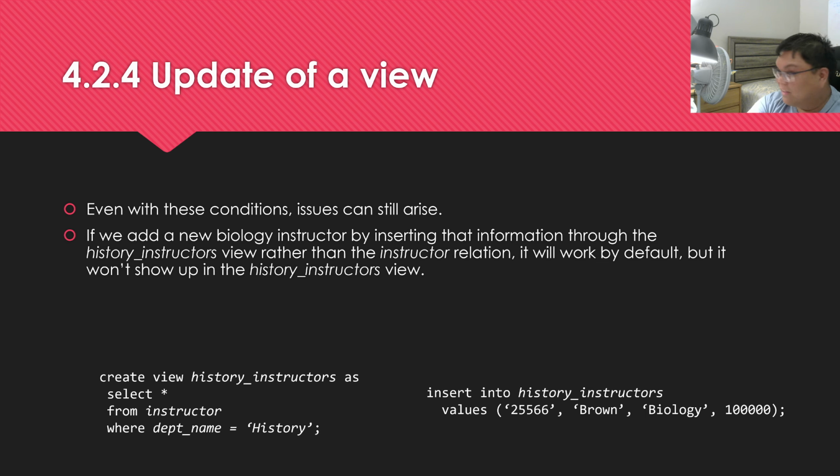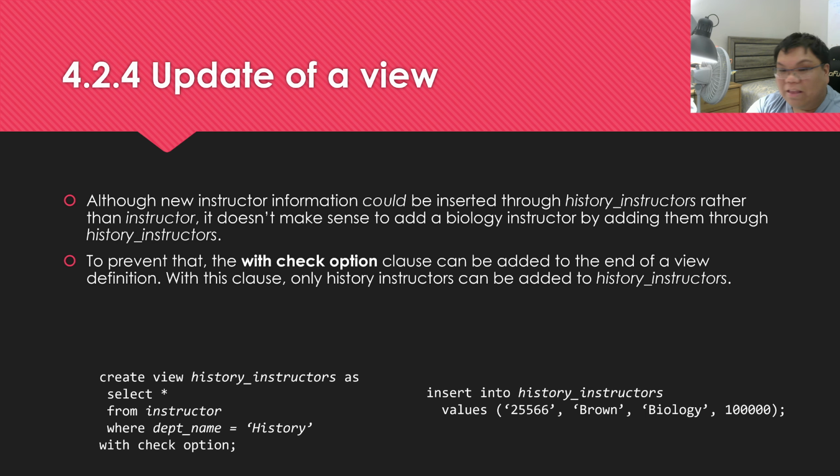That's a little weird. What we can do to prevent that is to add with check option to our definition for history instructors. So create view history instructors as this query with check option.